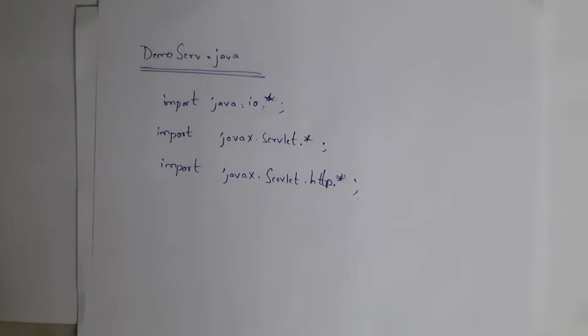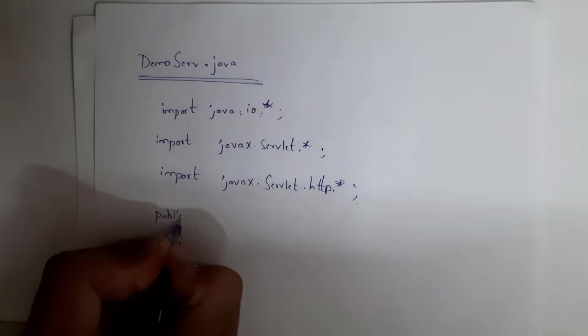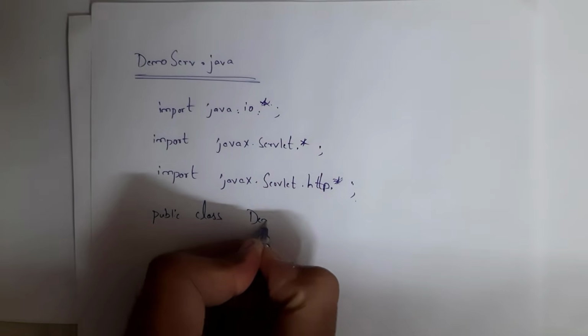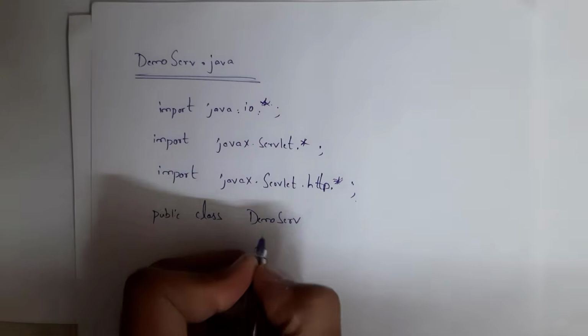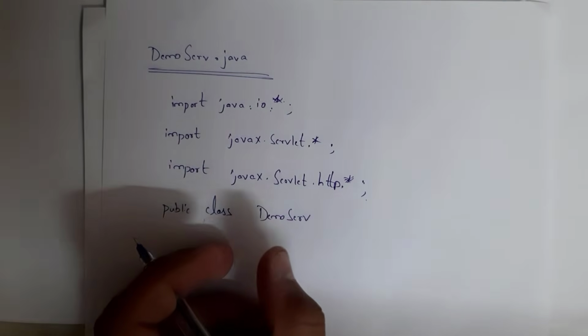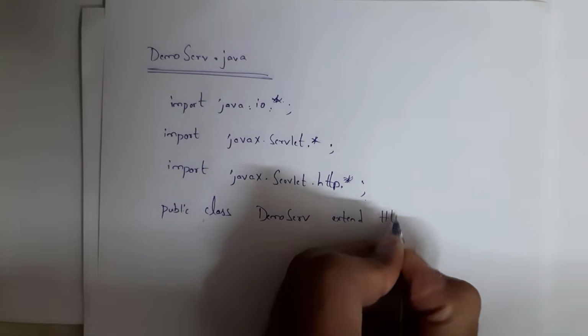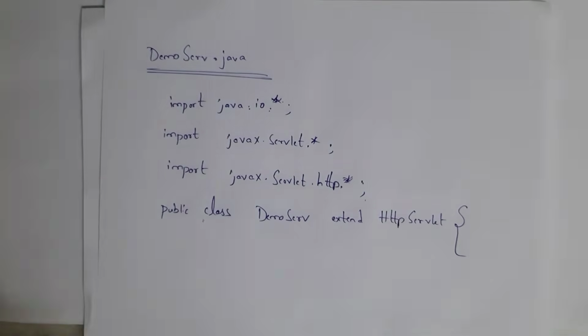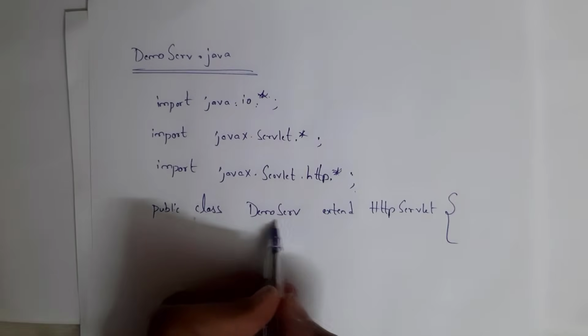After that you need to create the servlet. For that, public class, I am giving the class name as DemoServlet. DemoServlet is the class name which I have given. Extends HttpServlet, open bracket. I have created the servlet.